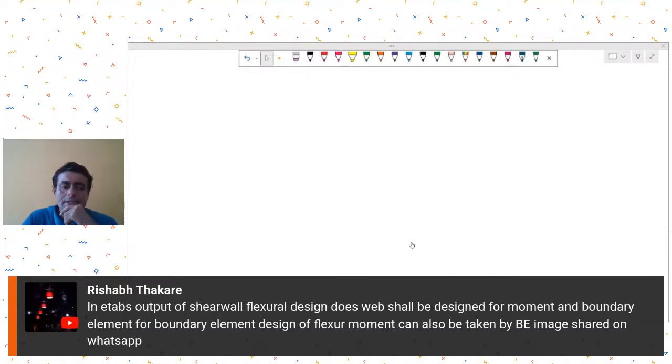Then Mr. Rishabh Thakre is asking, in ETABS output of shear wall flexure design, is the web designed for moment and the boundary element for bound? I think he had shared one image.